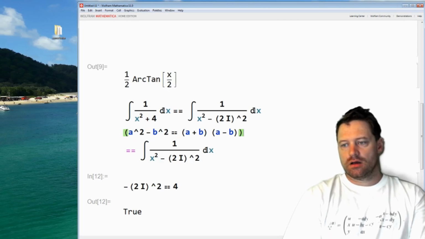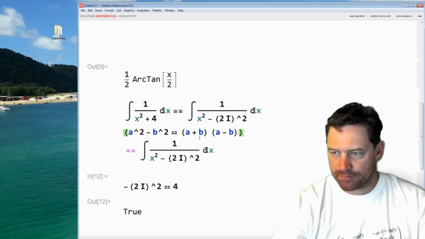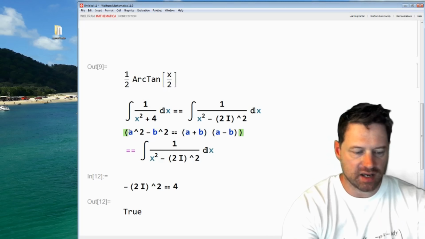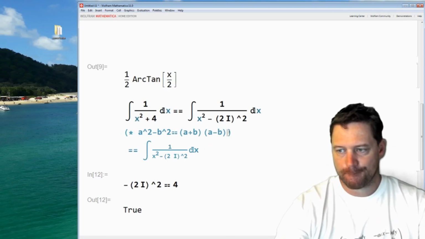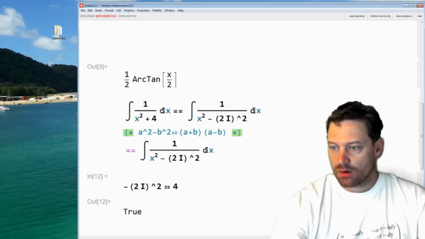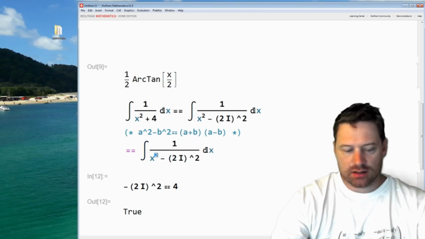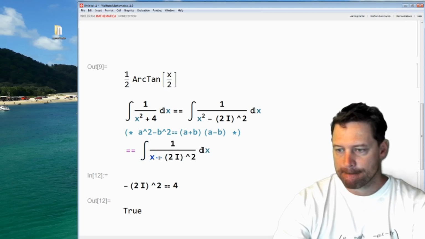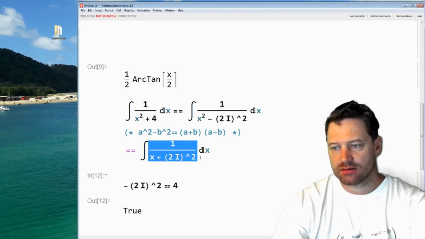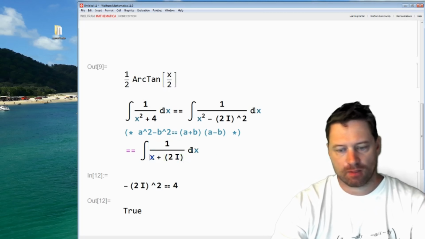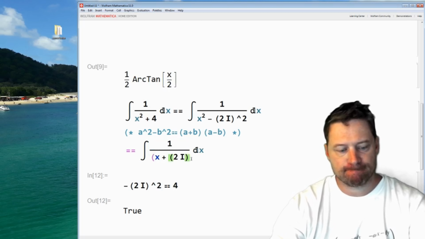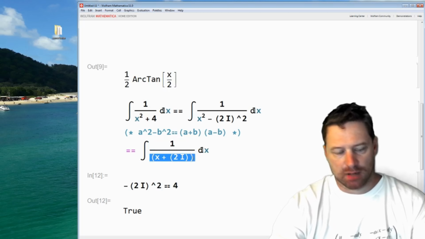That's what we want to use here. I'll make this a comment. That's what we want to use here, and so this is x plus 2i times x minus 2i.